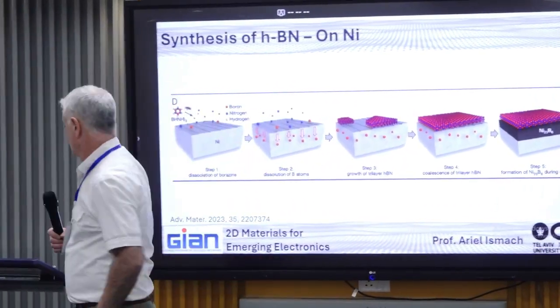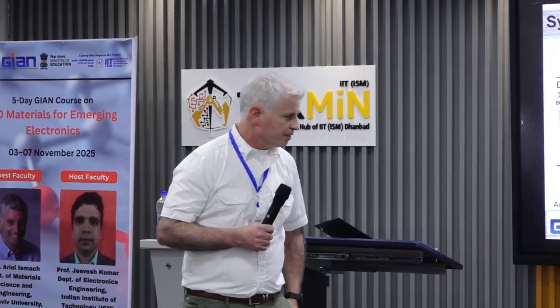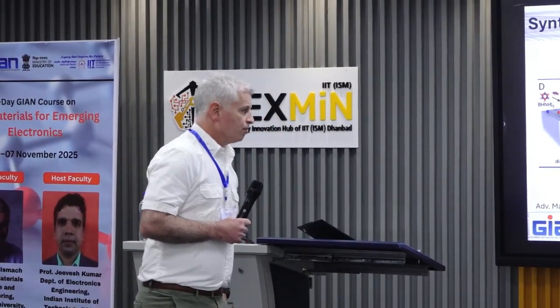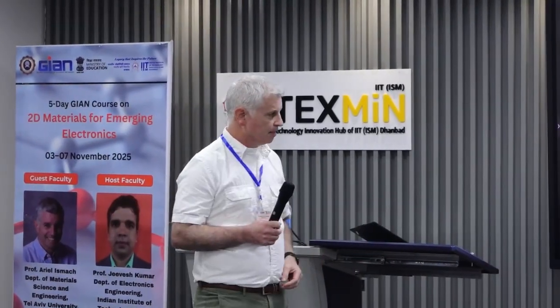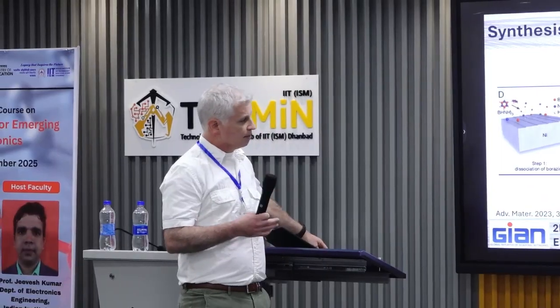So this is something that happens when you work with different metals, and also many works were done with different alloys. So when you have boron, you need to take into account that you may have many other compound formations, in contrast to the growth of graphene, where this is less common with carbon.